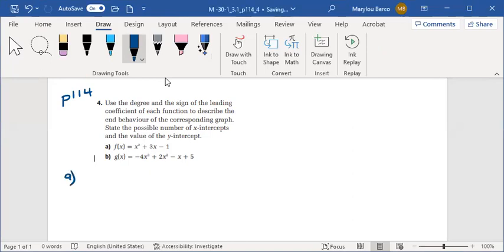the function f of x equals x squared plus 3x minus 1 is a quadratic function of degree 2, which is an even degree polynomial.